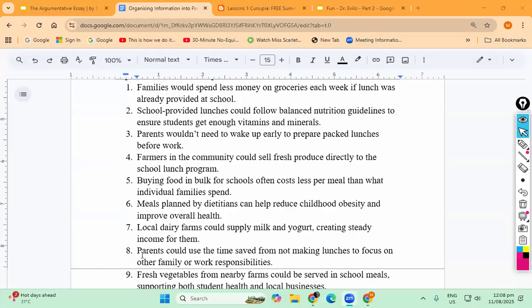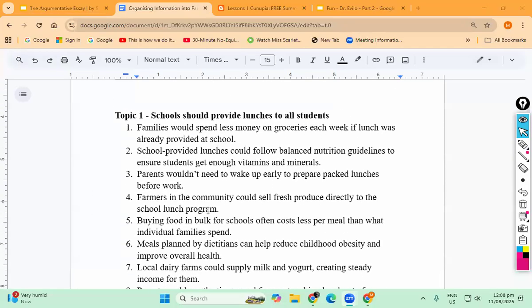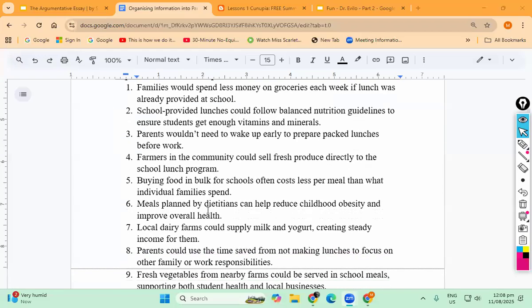All right, there are three different ideas being developed in these sentences. Three different reasons for why schools should provide lunches to all students, right? Not just like a group, but to all. Can you tell me what the three ideas are?